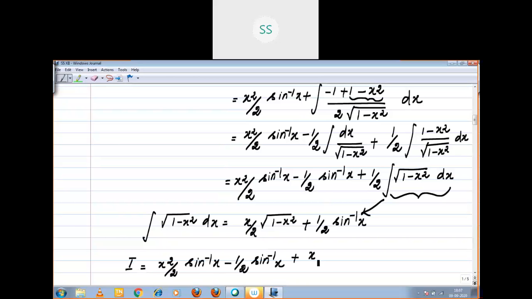Plus x by 4 into root of 1 minus x square plus 1 by 4 into sine inverse x plus, see, the arbitrary constant is very important, children, right? Now, if you want, you can simplify, or otherwise leave as such. Take sine inverse as common, then simplify. If you want, you do, otherwise you leave as such.